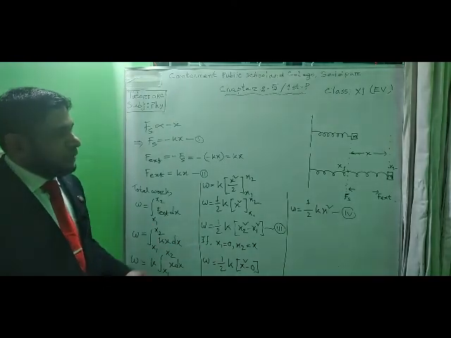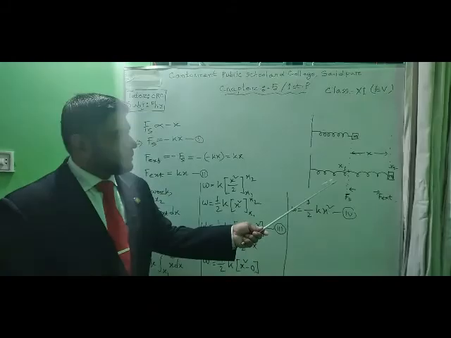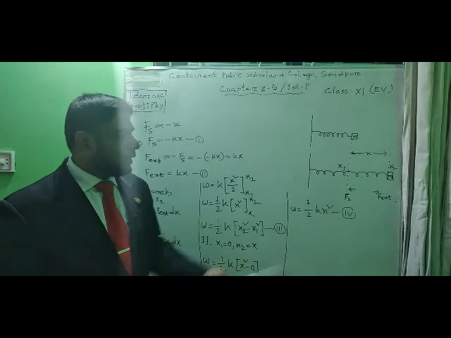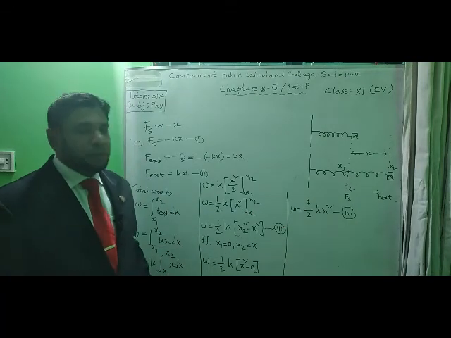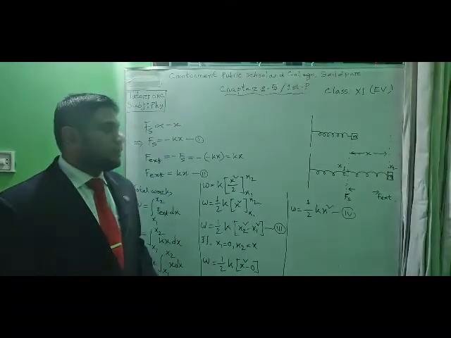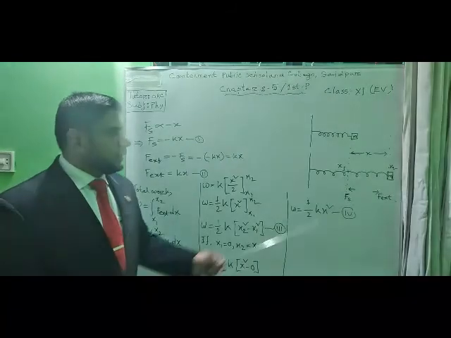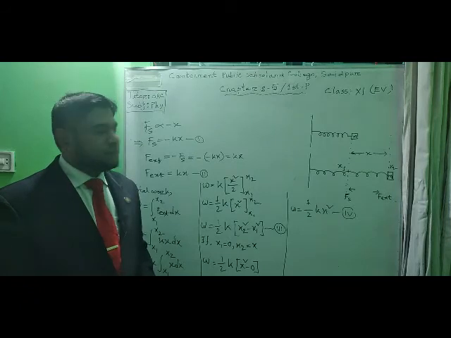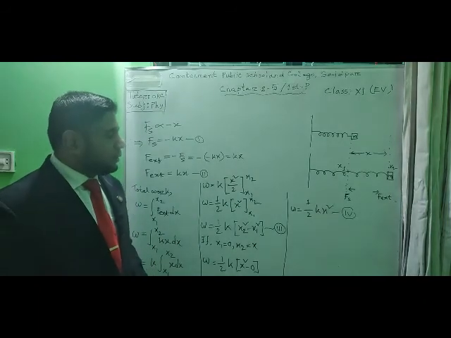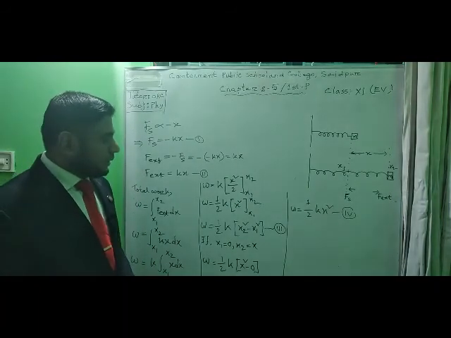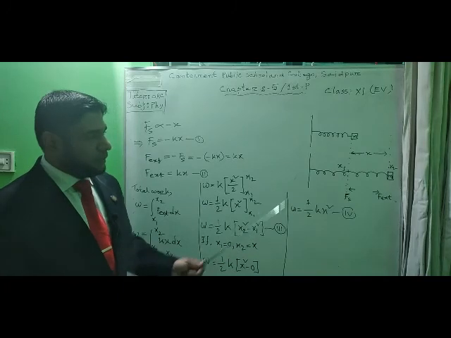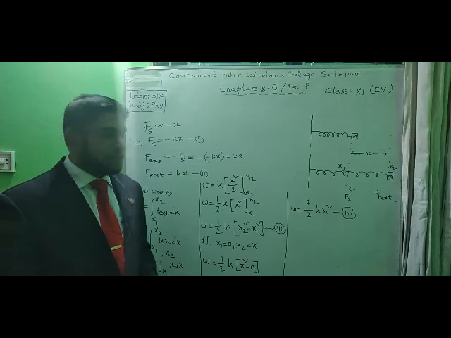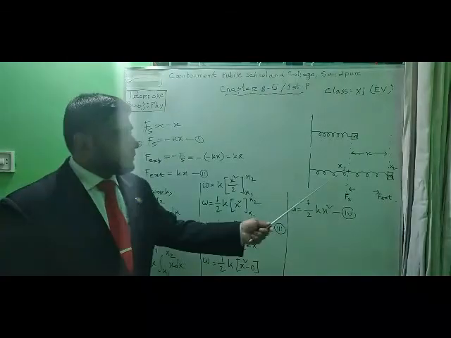In this case, we have found the equation of work for the expansion of the spring, and according to the information you know, this work will be stored in the spring as potential energy. On the other hand, you can also say this is the equation of potential energy for a spring, how much potential energy will be stored in a spring for the expansion.